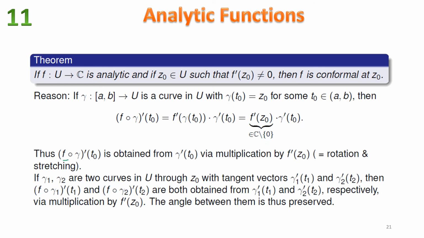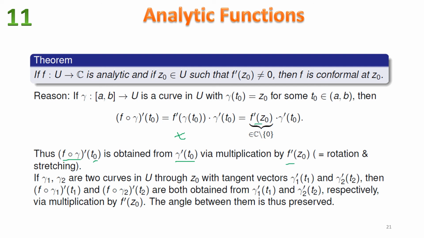Thus in all, f operated on gamma and derivative of that. So f of gamma dash at t0 is obtained from gamma dash of t0, which is the tangent, multiplied by f dash of z0. So here we are considering that f dash of z0.